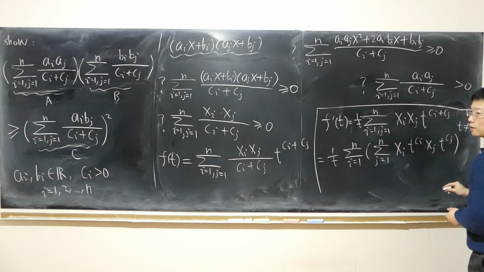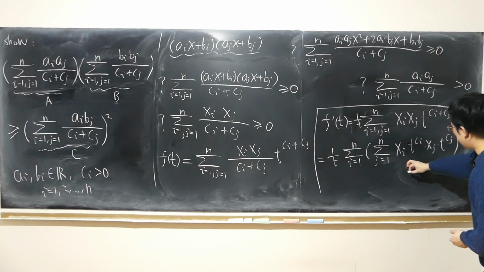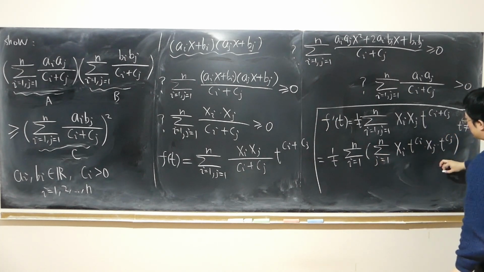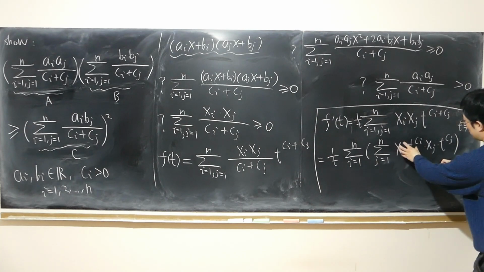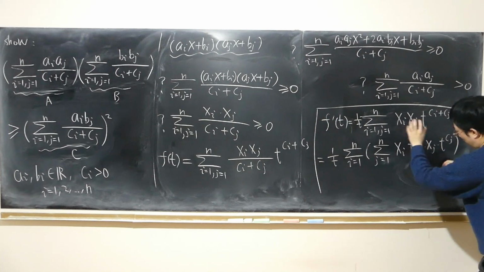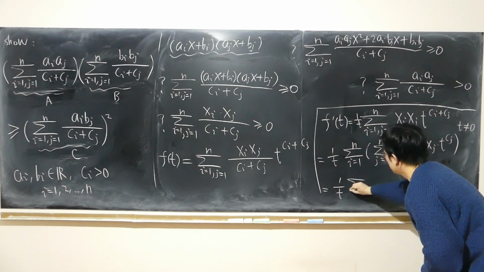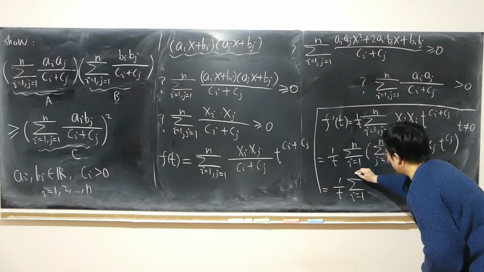This is perfectly legal. Right now, since we sum with respect to j inside, we treat i as a constant. Here we simply factor out xi t to the ci. Factor that out. 1 over t, i.